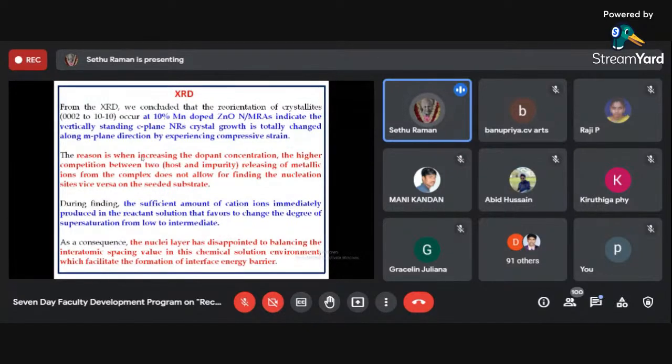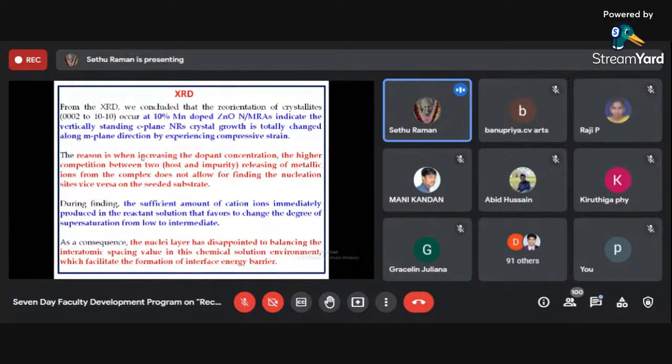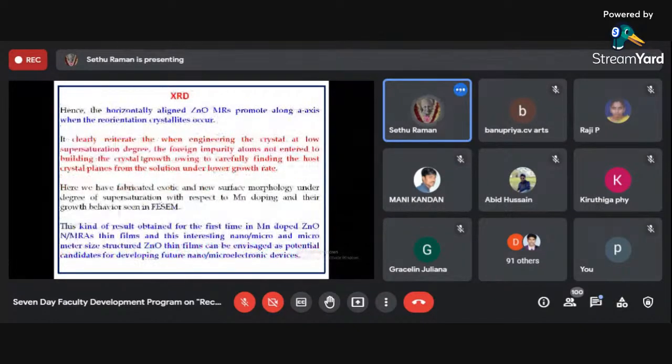When the supersaturation ratio is high, this interfacial energy barrier completely does not allow the zinc oxide nanorods to grow on the surface of the zinc oxide layer.